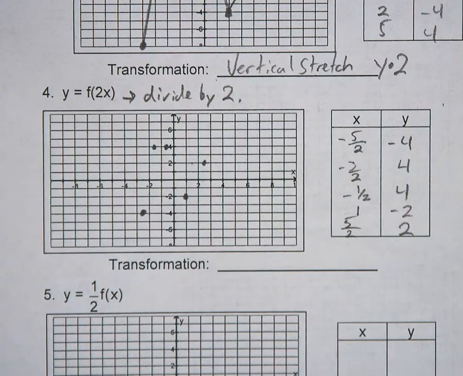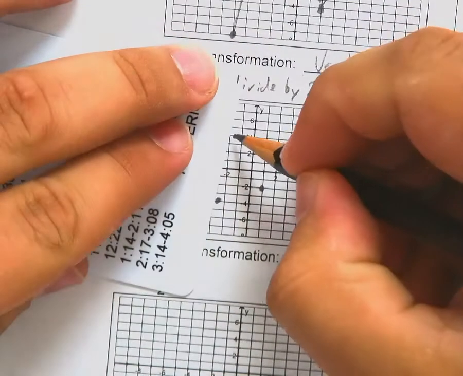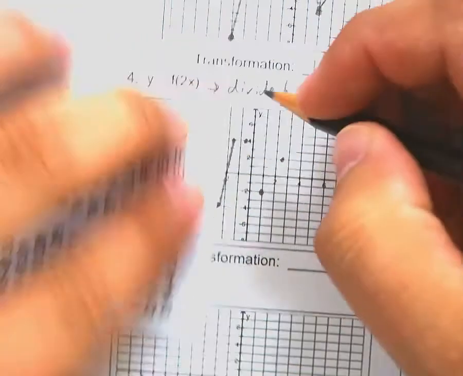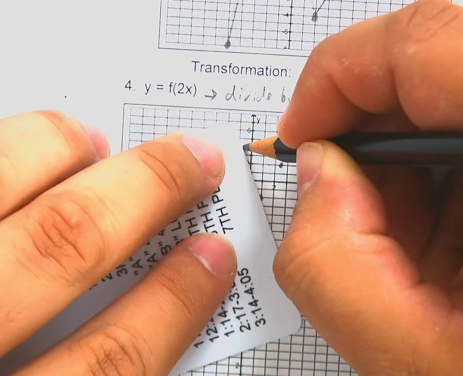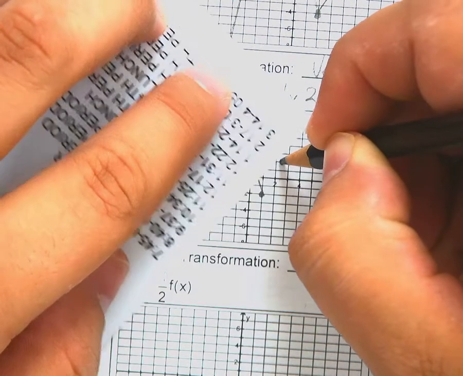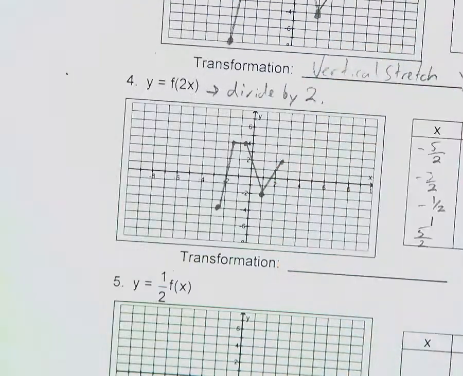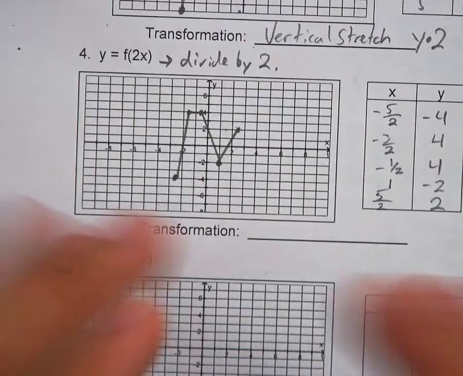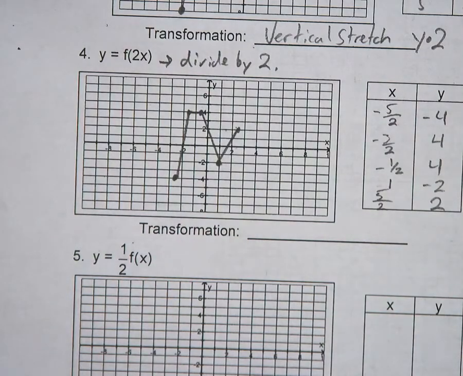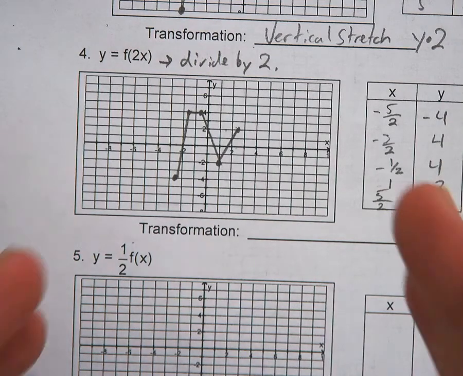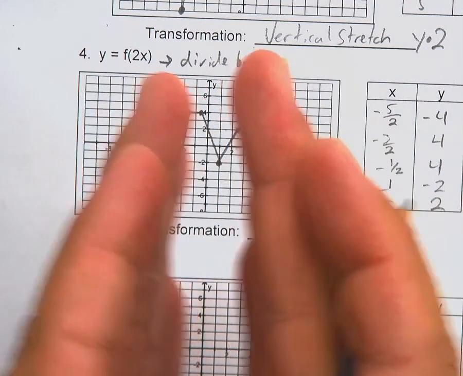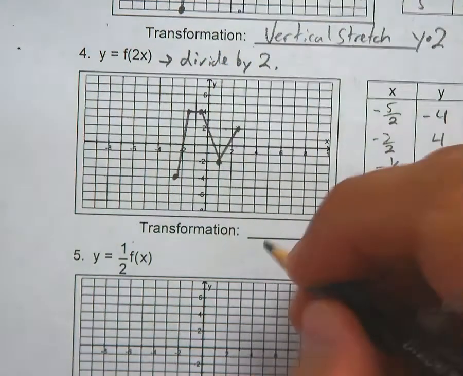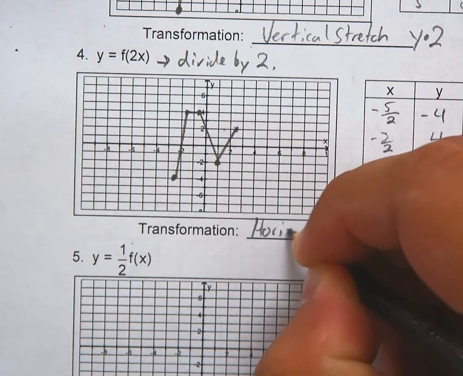All right. Let's draw our graph here. There we go. So compare that to the original, and you see that what happens is it shrunk horizontally. We kind of took it and compressed it horizontally. We pushed it all together. We call that a horizontal shrink.